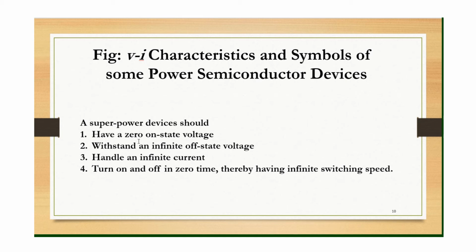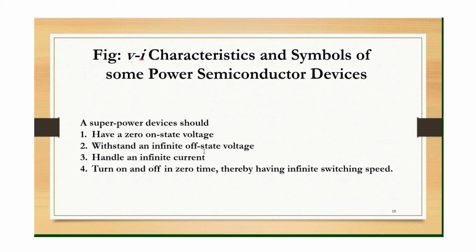That is, have a zero on state voltage. That is, when it is conducting, there should be zero voltage across it, and it should withstand an infinite off state voltage. All right, it should be able to handle infinite current, which means when it is conducting, it should be able to allow infinite current. Yeah, then turn on and off in zero time.